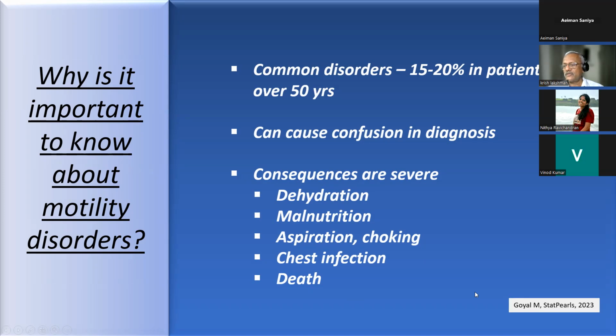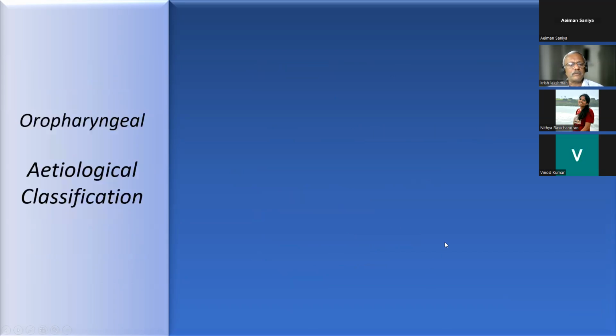Chest infection, pneumonia, malnutrition. It really is something which is important. And so it is something that we must understand and bear in mind, even though we as surgeons look at mostly mechanical problems.